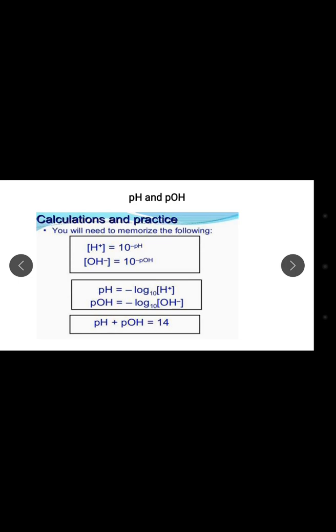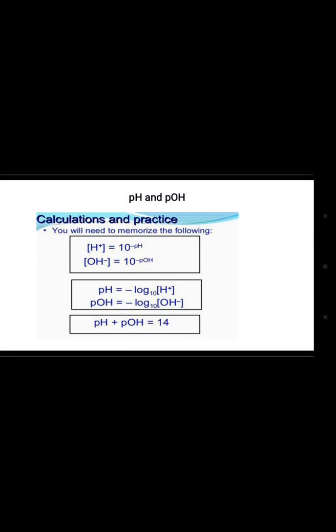Then we also have this, that pH plus pOH, the summation of pH and pOH, gives us 14. So what you have here is just a modification of this when you make H the subject, and here when you make OH the subject of the formula. So let's get started.